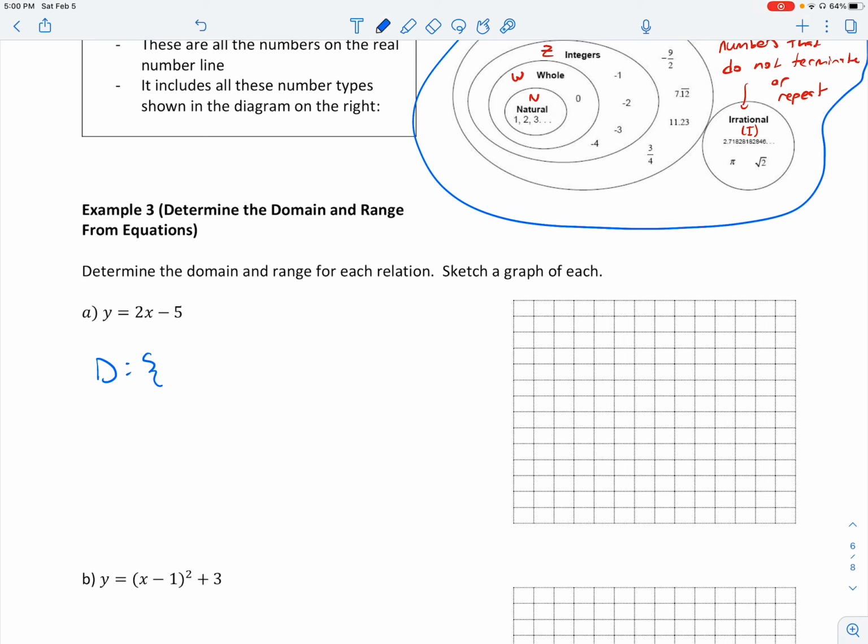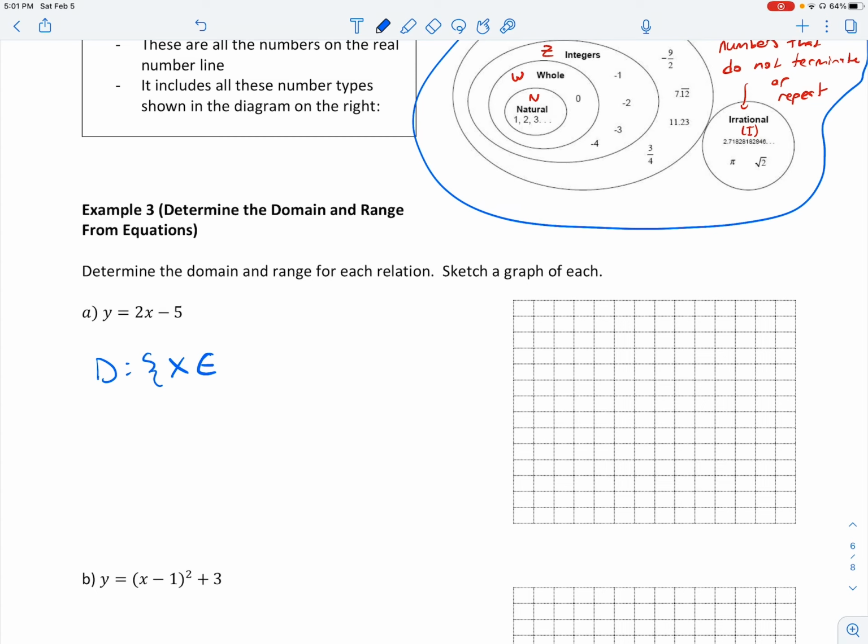So how can I write down this list of all the x values that are allowed in this function? We first have to state the number system. We're going to say that all my values of x are elements of, using this funny looking e called epsilon, part of the Greek alphabet.